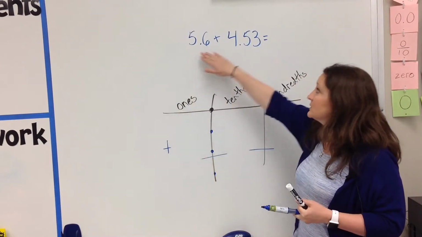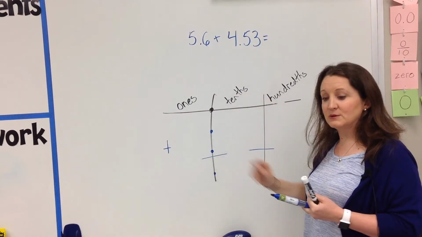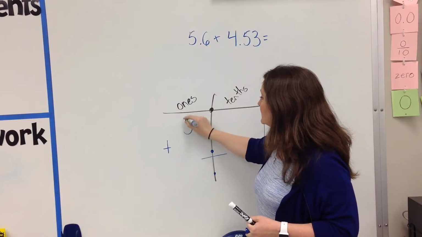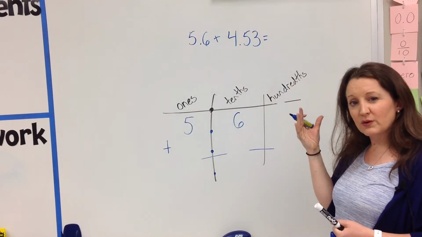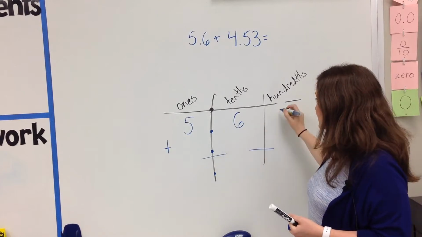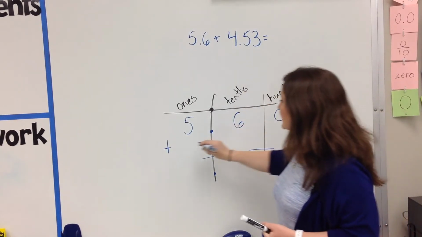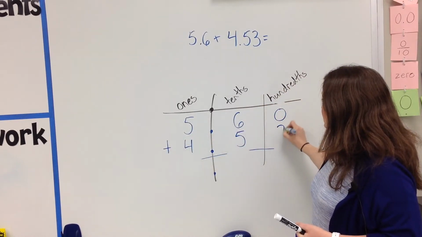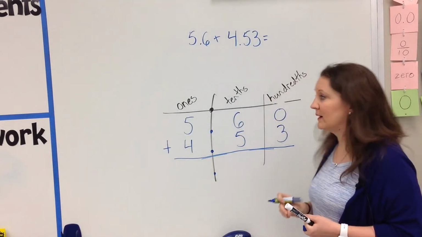Eventually, we want to be able to just rewrite these without having to use a place value chart and knowing how to stack up our decimals. So my first add-in, I have 5 ones, and I have 6/10. I could convert that as a fraction in my mind and think of it as 60/100 and go ahead and fill in that 0 here. My second add-in, I have 4 wholes, 5/10, and 3/100, and I want to add that up.